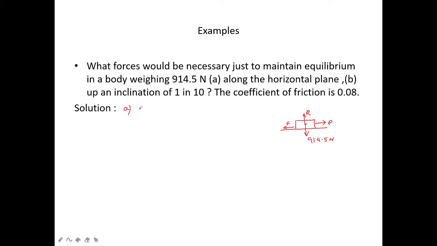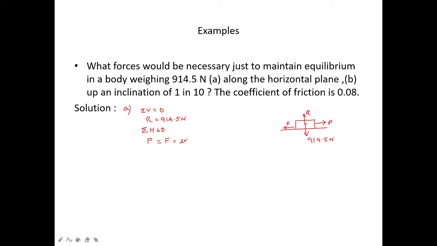Now you apply conditions of equilibrium, summation of V equal to 0. So R is equal to 914.5 Newton. Then we'll apply sigma H is equal to 0, that is P equal to F. What is F?